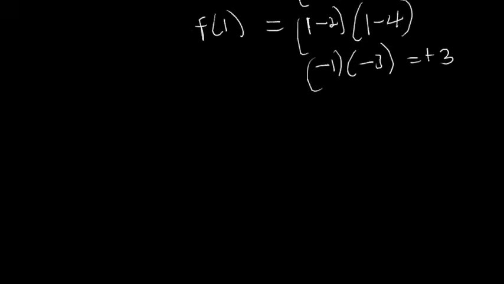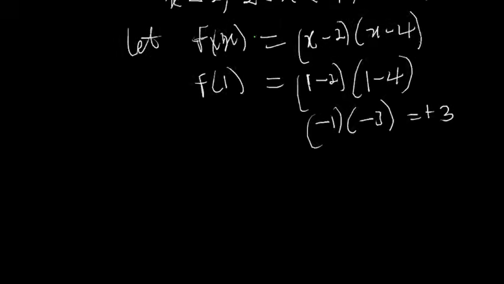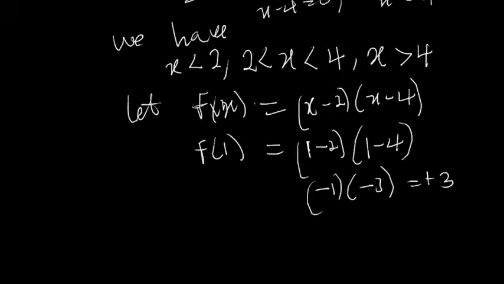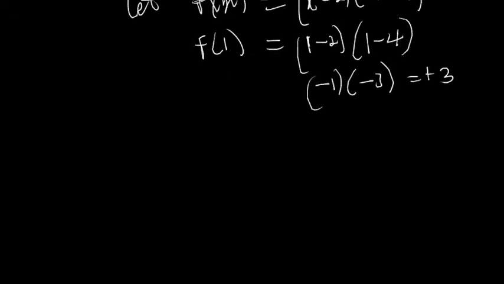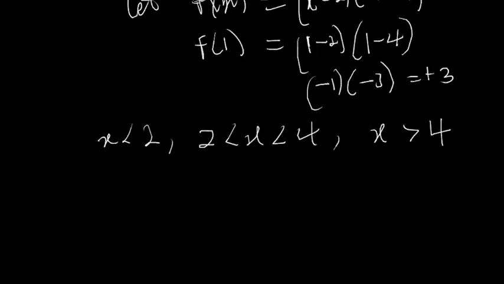Now, here comes the trick. I said we have three suggestions: x less than 2, followed by 2 less than x less than 4, then followed by x greater than 4. Since testing for a number lesser than 2 gives positive, if you are testing for a number between 2 and 4, don't stress yourself again.